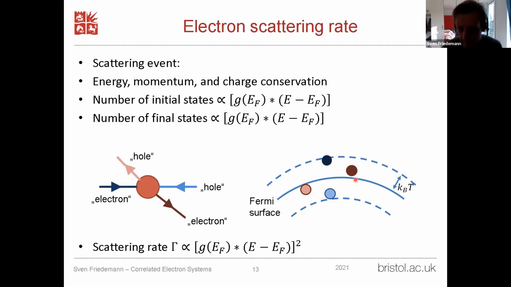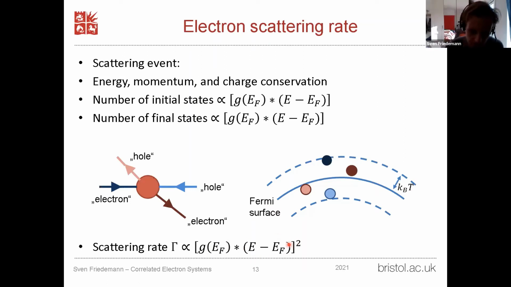It's given by the size of the Fermi surface, which is proportional to the density of states, G. And then the number of states available is this volume or this area for the occupied states times this area down here for the unoccupied states, and hence we get an energy squared factor into the scattering rate.